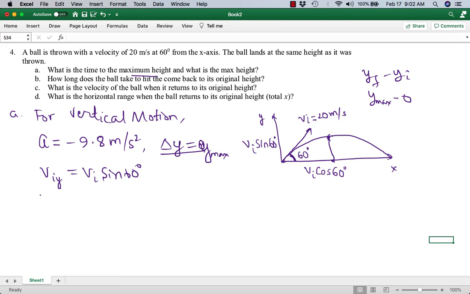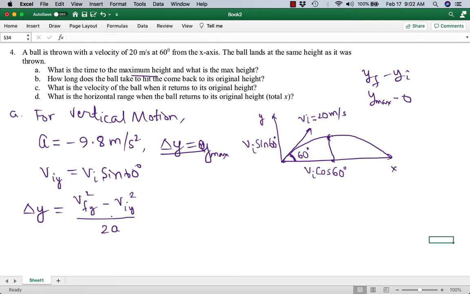In order to find maximum height, we can use this formula. So delta y is equal to v final y squared minus v initial y squared over 2 times a. I don't want to use the equation that involves time because we don't have time.